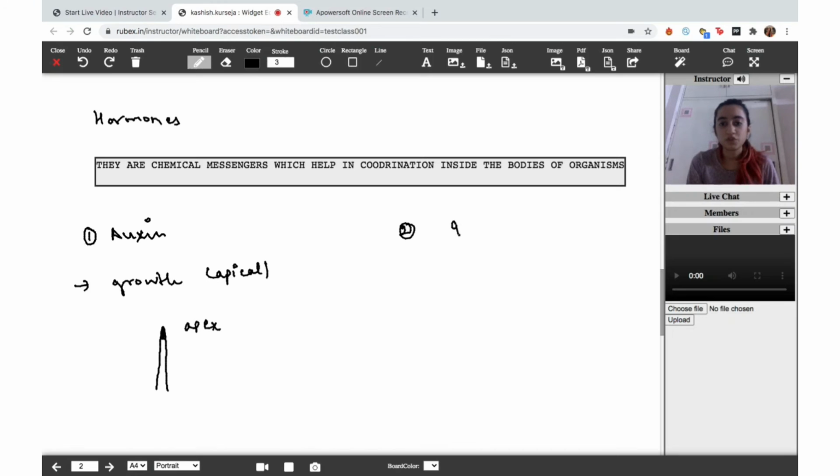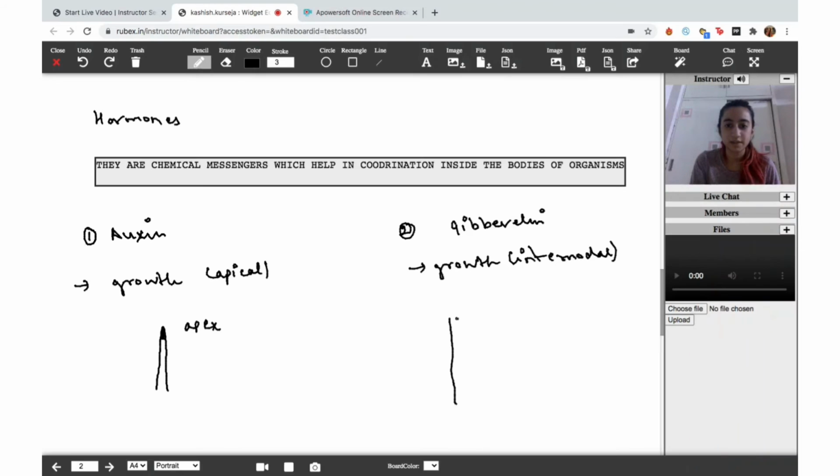Then a hormone which is not mentioned in NCERT is gibberellin. Gibberellin controls growth too, but what kind of growth? Gibberellin controls internodal growth. What does an internode imply? For example, you have a stem, okay? You have a leaf coming out from this point, and you have a leaf coming out from this point.